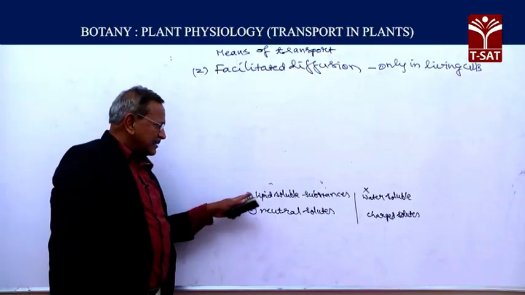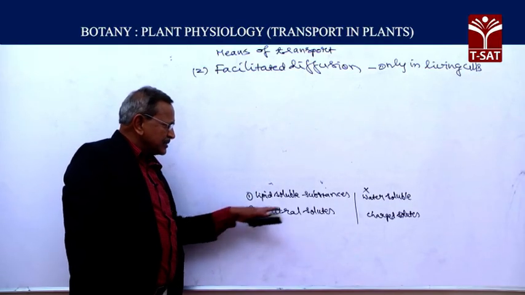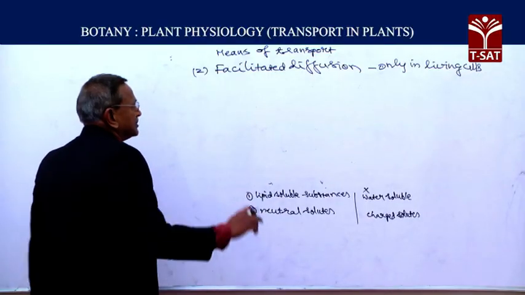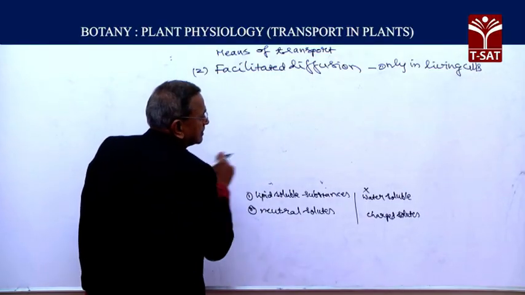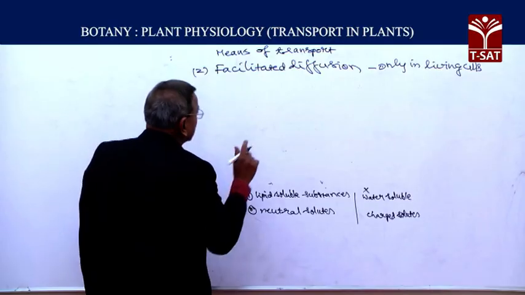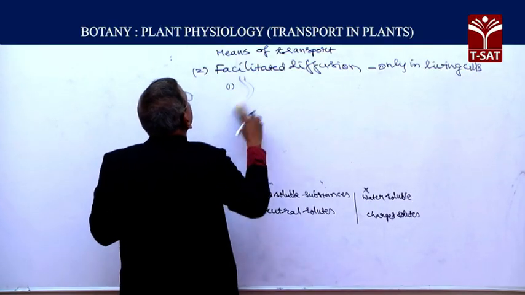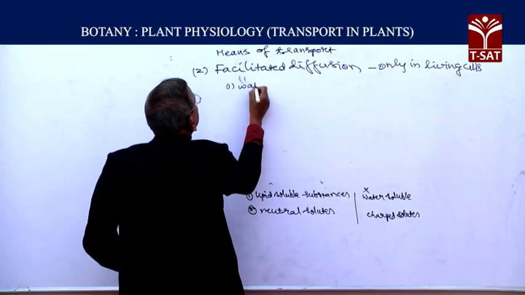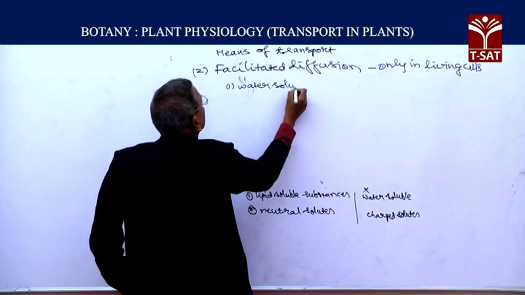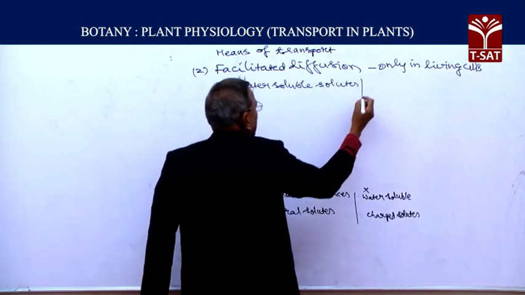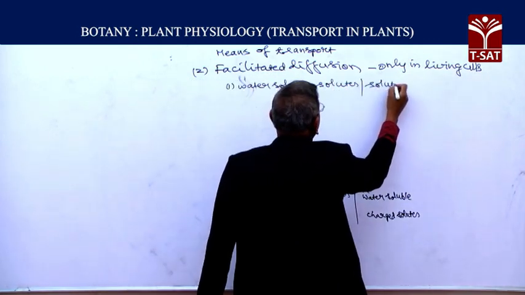If we consider these are what can diffuse and these are what cannot diffuse, and facilitated diffusion, what can be transported through facilitated diffusion? One, water soluble solutes or solutes with hydrophilic moiety.